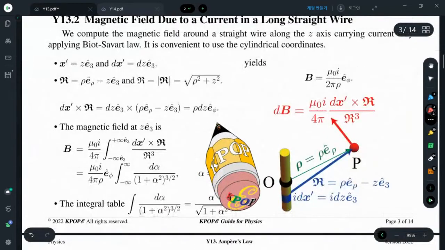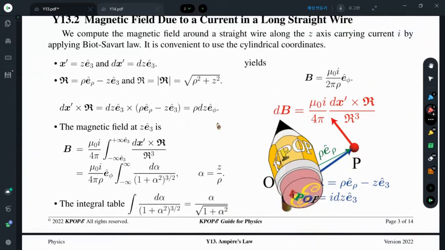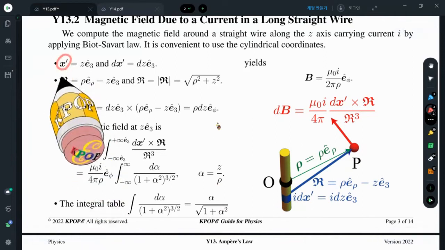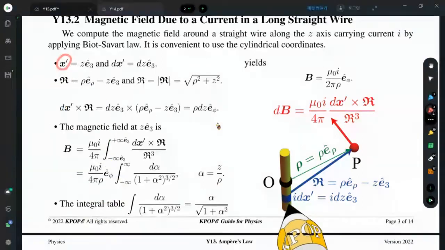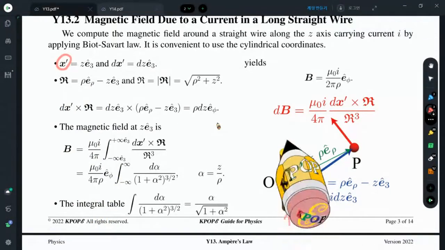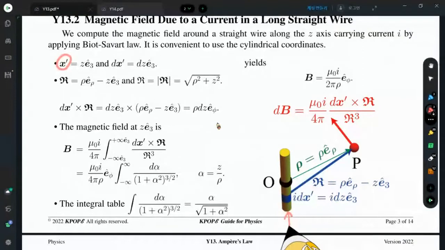Let us compute the magnetic field due to a current in a long straight wire. X prime, I told you, is the source point. The source of the current is distributed over this straight wire.